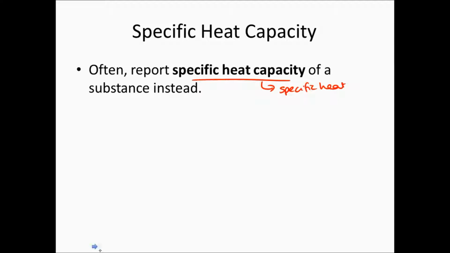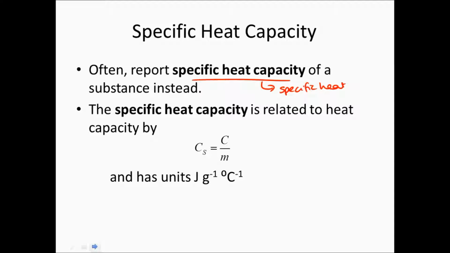We, however, quite often report the specific heat capacity, also known as the specific heat of a substance, and it is related to the heat capacity. Basically it's the heat capacity per gram, and typically the units would be joules per gram per degree Celsius.